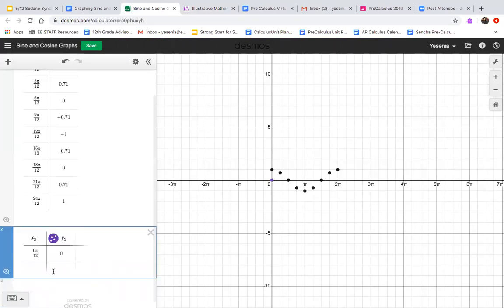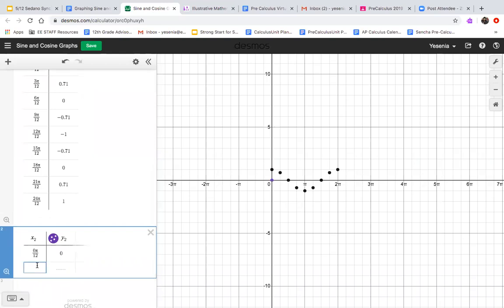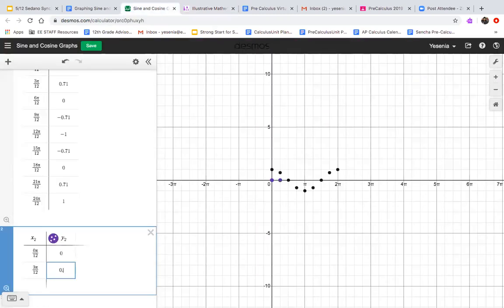The next point that I did looks like 3 pi over 12. So I'm going to do 3 pi over 12 again. And you guys are free to use the same points that I'm using. That's totally fine. So 3 pi over 12, I think that was the middle point. At 3 pi over 12, coincidentally, your sine is the same as cosine here. So we're going to put 0.71. So it's lining up right there.